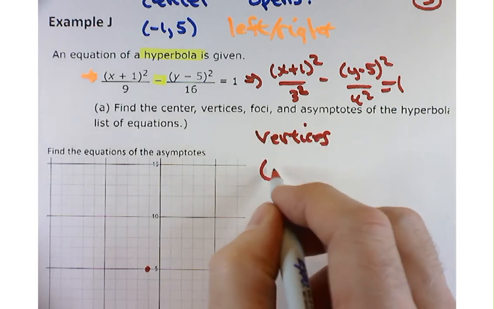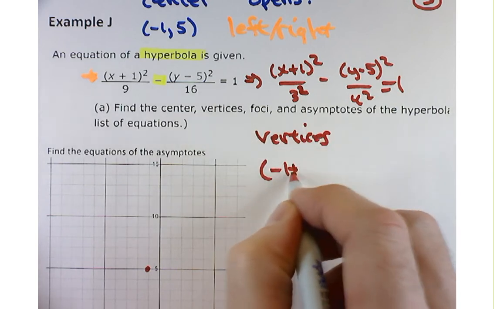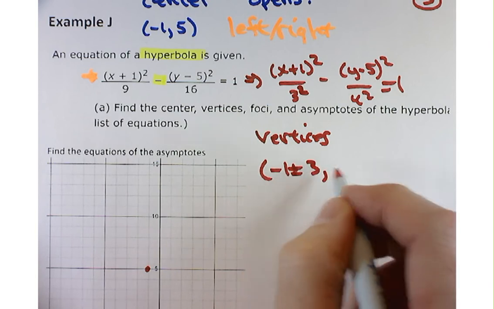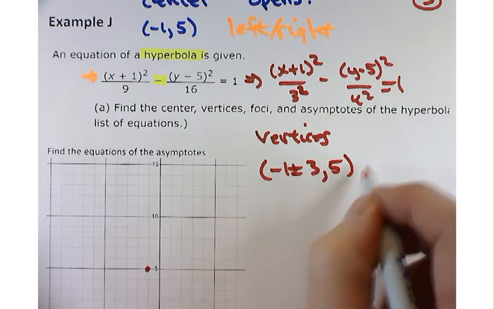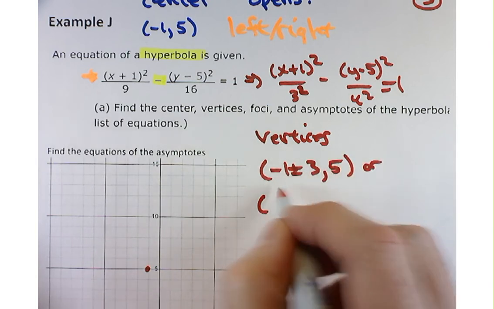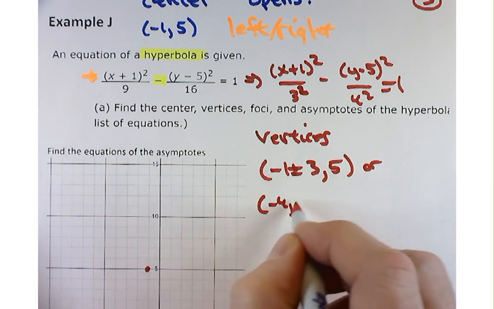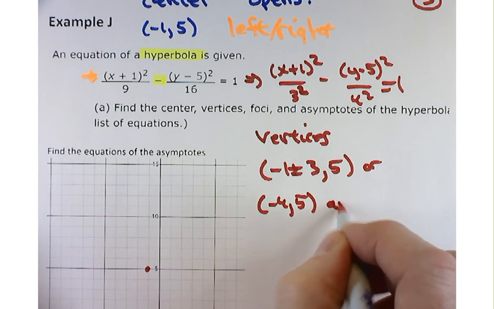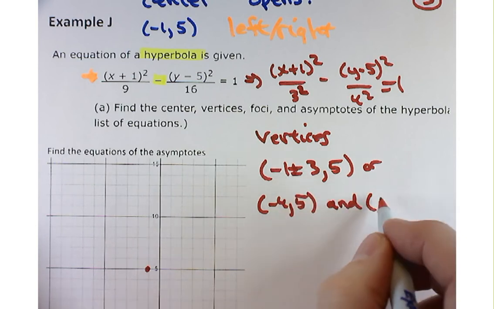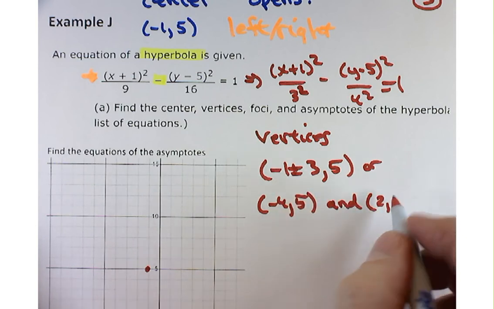So it's going to be negative 1 plus or minus 3 comma 5. Or in other words, for the negative case, negative 1 minus 3 is going to be negative 4 and 5. And adding there is going to be 2 and 5. So that's where my vertices are going to be.